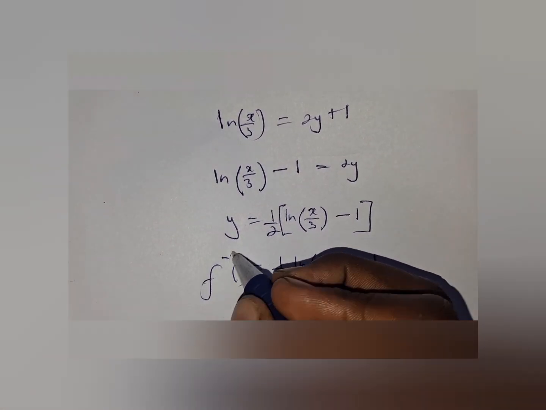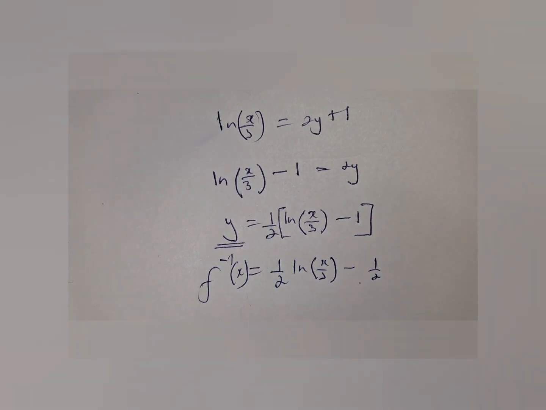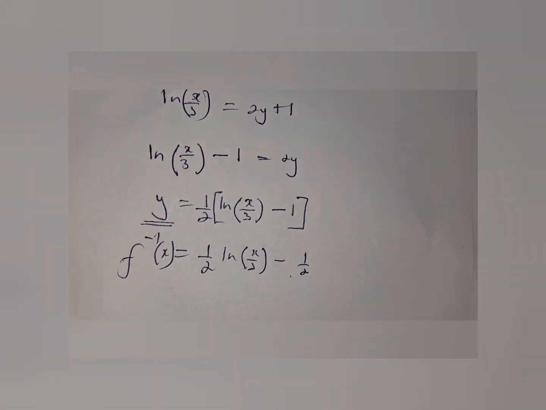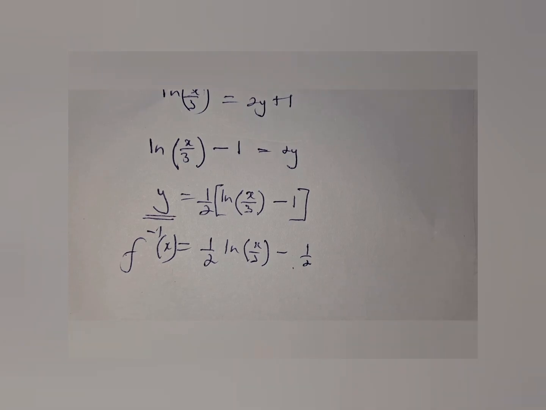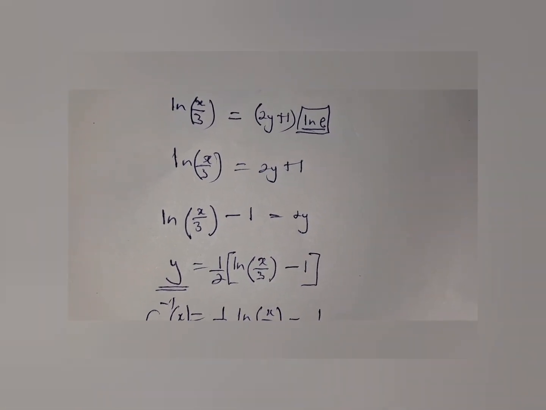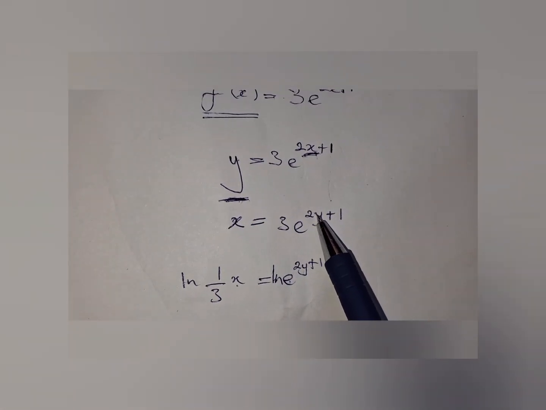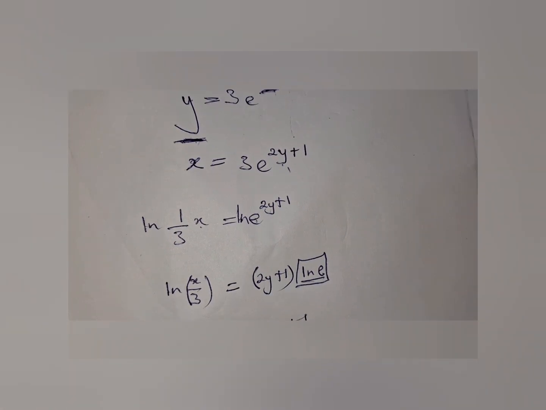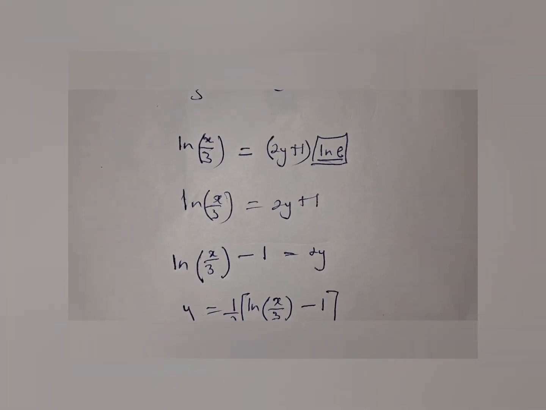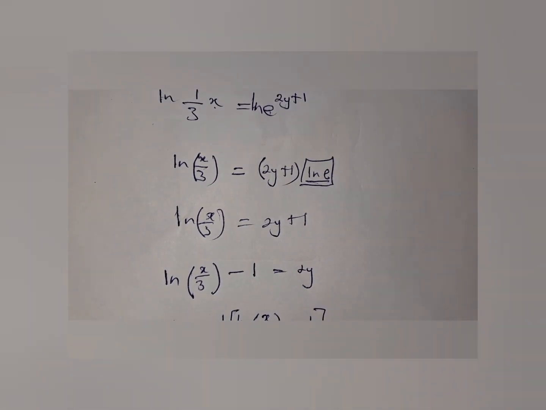Why? Because it's the output of a function that is such that the input to another is the output of this particular function. This is how you find your inverse.